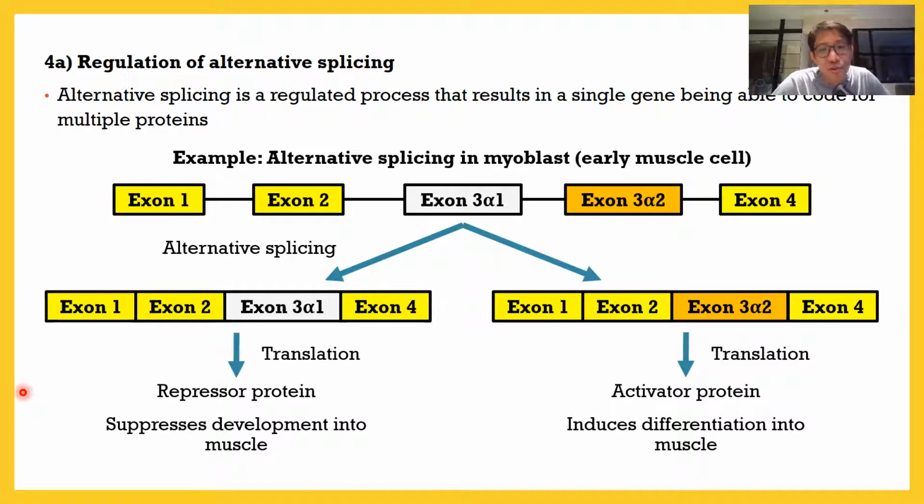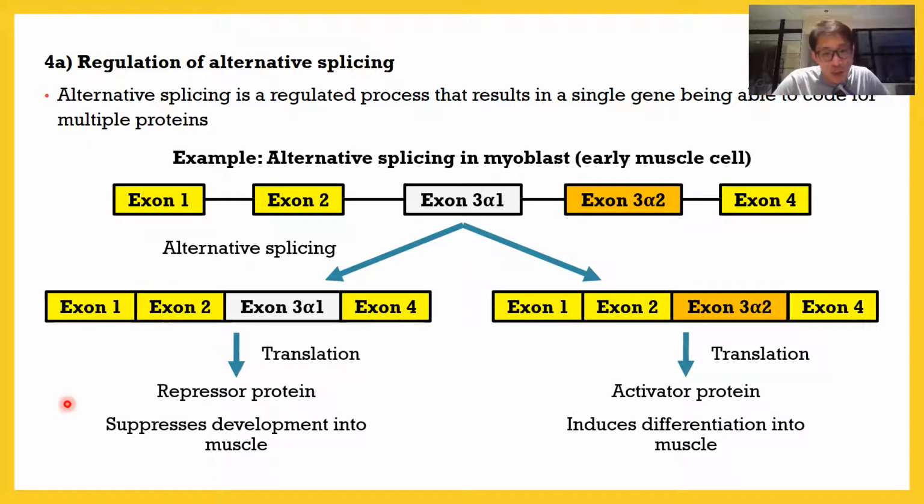So you see that these 2 different ways of splicing, alternative splicing, give rise to different proteins with different functions. This early muscle cell, before it received the signal to continue differentiation, would always splice the pre-mRNA in the first method on the left to give rise to this mature mRNA that produces the repressor protein.